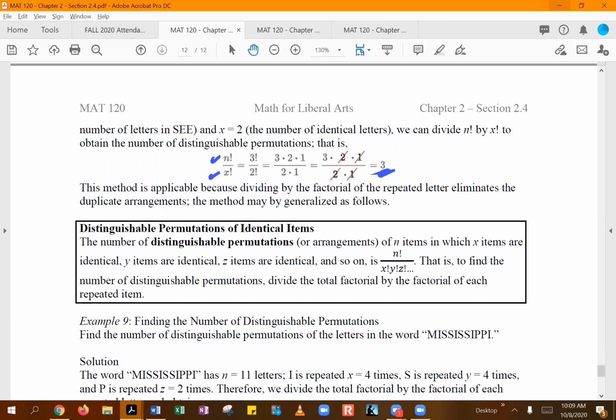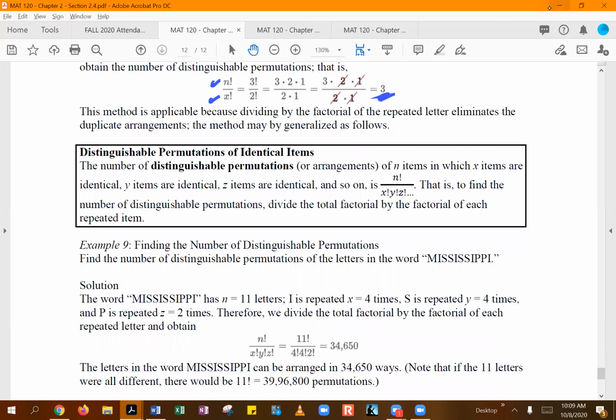That brings us to the formula for permutations of identical items. You start out with the total letters you have, but then depending on how many identical letters you have, you have to divide by a factorial for each one of those identical items.